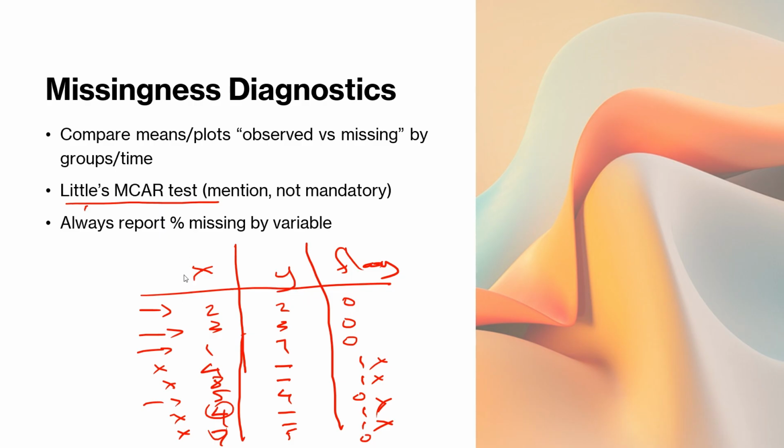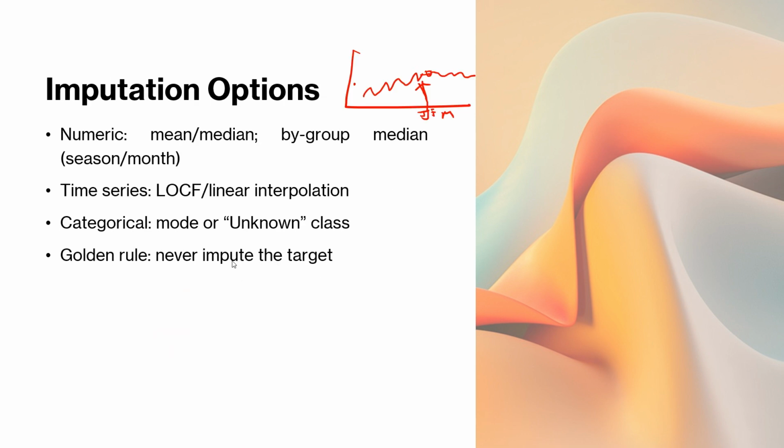If there are missing values in your features, that's okay, there's no problem as such. But if your target variable itself has missing values, it is advised not to impute the target. Why? Because you are introducing bias in your modeling.